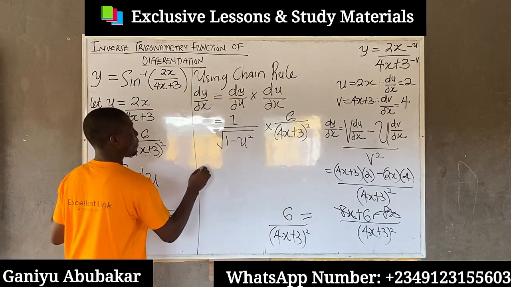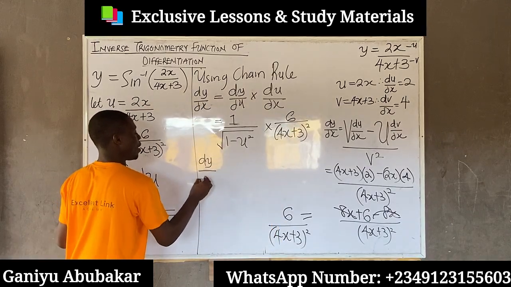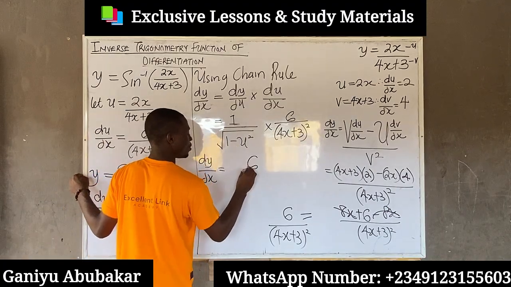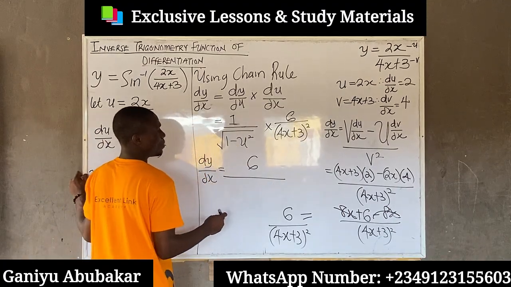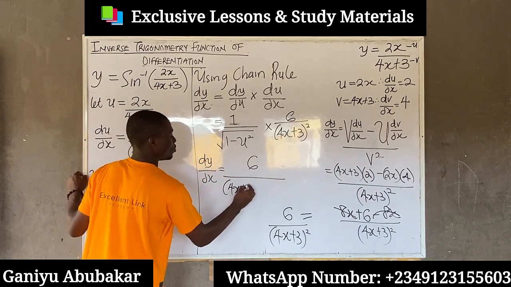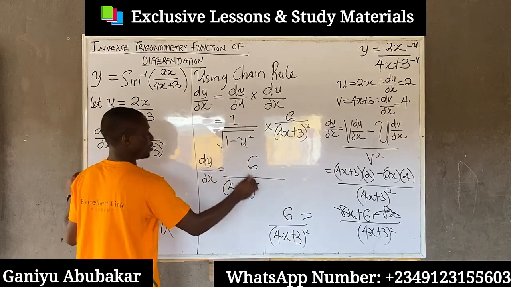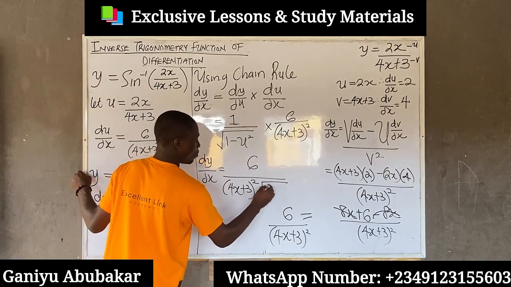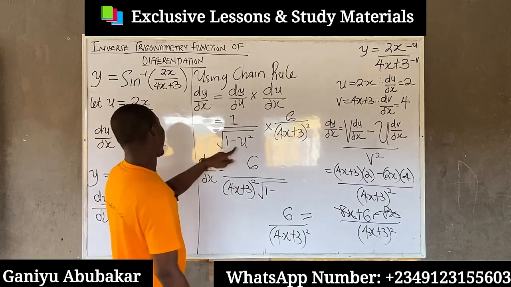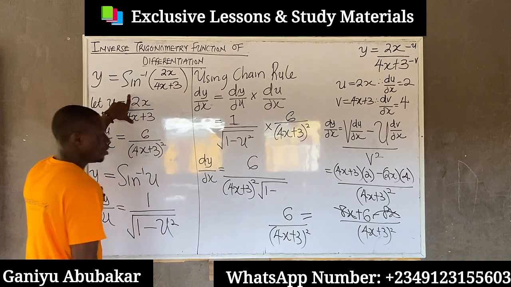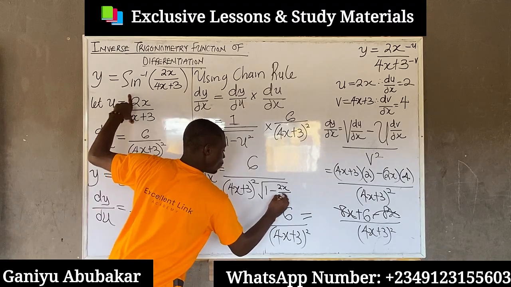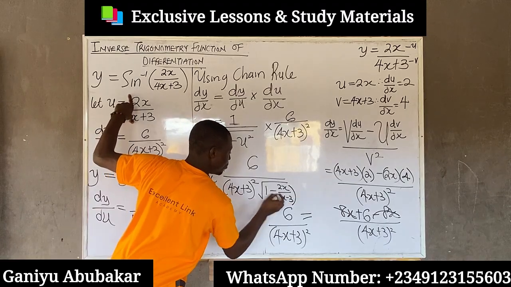Moving on, I'll have dy dx equal to 1 times 6 gives you 6, all over 4x plus 3 all squared, followed by root 1 minus, I can't put u back here because u has an expression, so bring in 2x over 4x plus 3 in bracket this way.